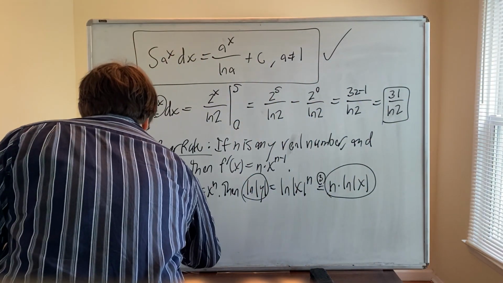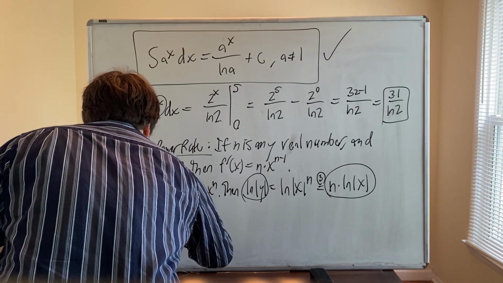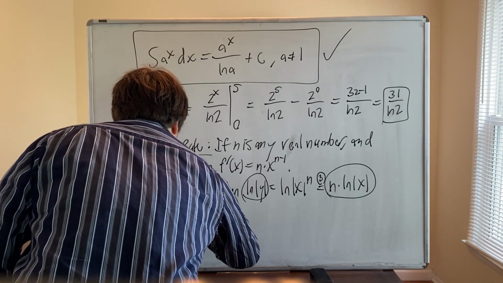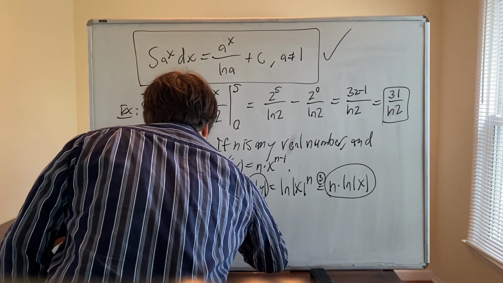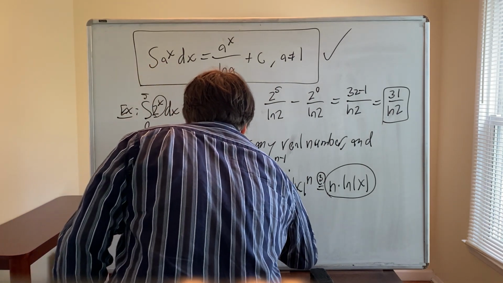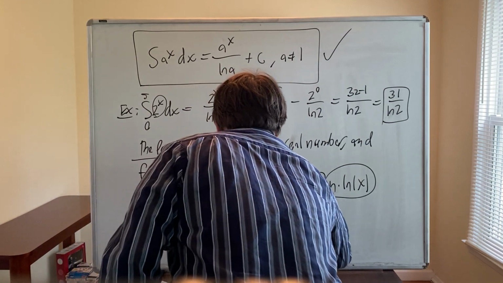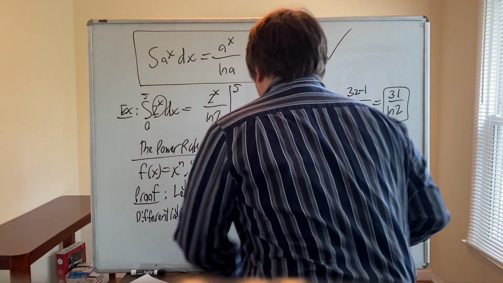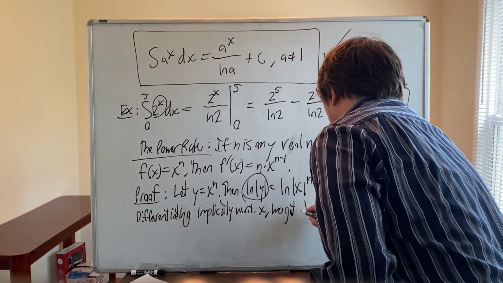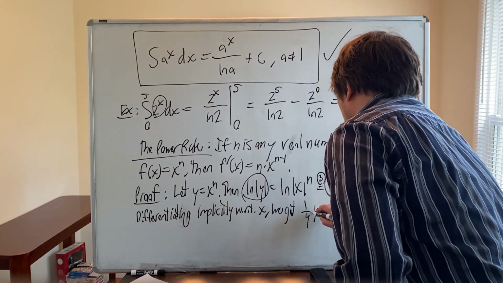So differentiating implicitly with respect to x, we get, so then the derivative with respect to x of that is 1 over y times y prime.